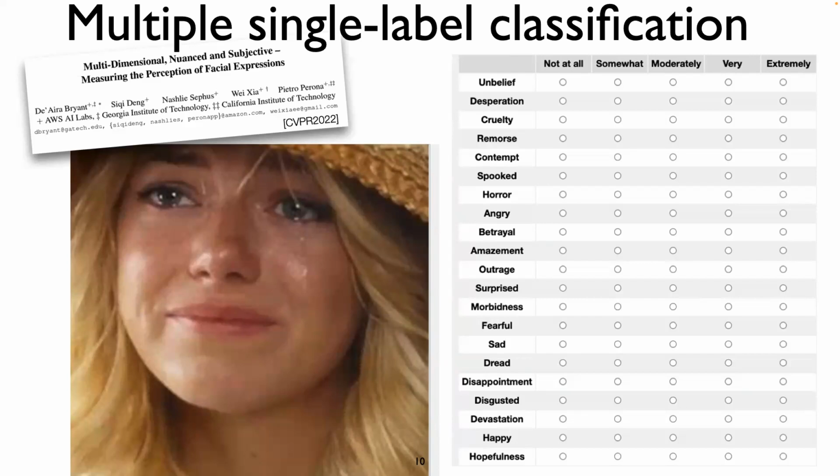So you have to choose one click per line. Each line is a single label classification, but you do it multiple times in one GUI. So this is a case in which, to be fast and efficient, many tasks are put on a single slide. Whether this is a good thing or not, you have to know by experiment.